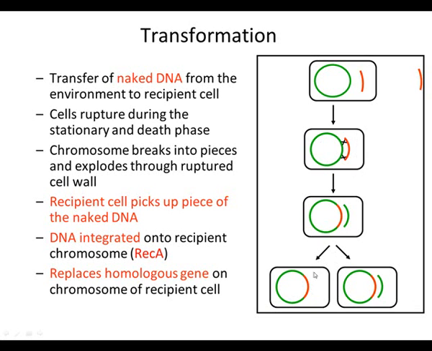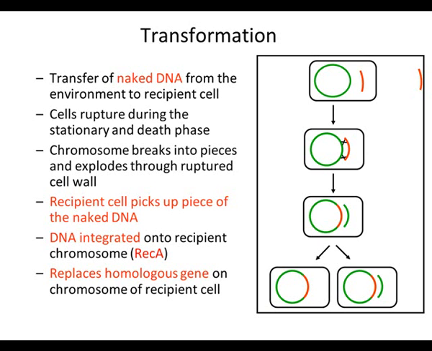So if, for example, here was a mutant gene for the capsule, this organism couldn't produce capsule because it had a mutated gene. Now the wild-type gene coming from this organism could replace that, and now you regenerate the wild-type organism that can make capsules.